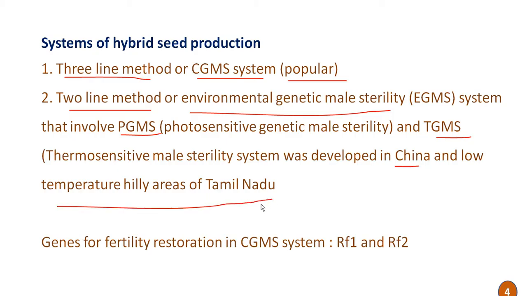So these are the two methods commonly utilized for hybrid seed production in rice, out of which the three-line system, that is the A, B, R line or CGMS system, is widely utilized and accepted. Then the genes for fertility restoration in the CGMS system are Rf1 and Rf2.